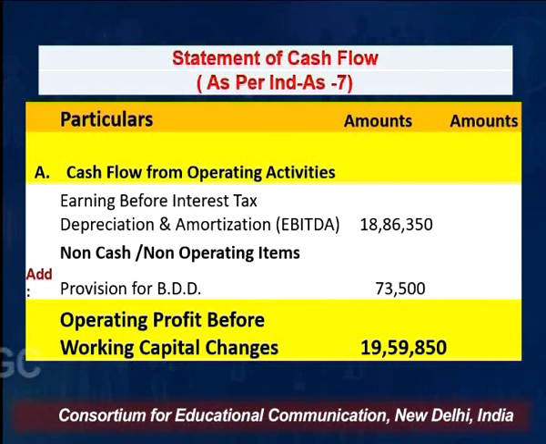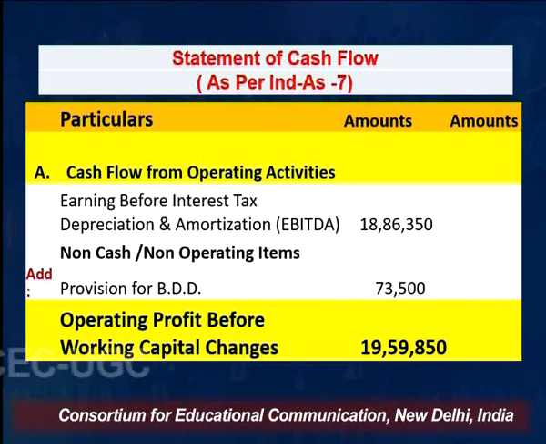We have nullified its impact. Since it was subtracted, it will be added, and I have added 73,500 rupees on account of provision for bad and doubtful debt, and the sum total of this comes to be 19,59,850, and this is being called as operating profit before working capital changes.